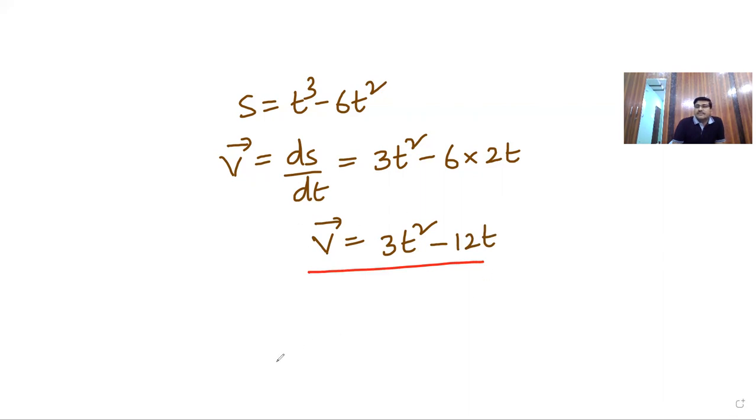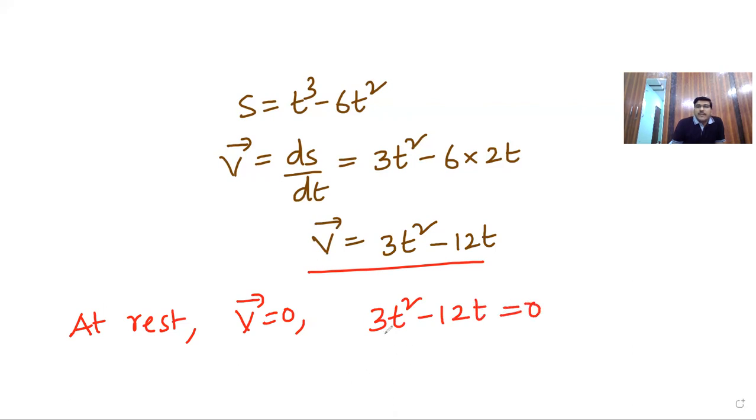Now, at rest, V bar is 0, velocity is 0. So this entire expression 3t square minus 12t becomes 0. Then common here is 3t.